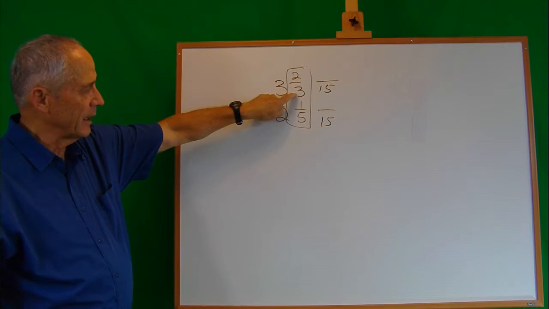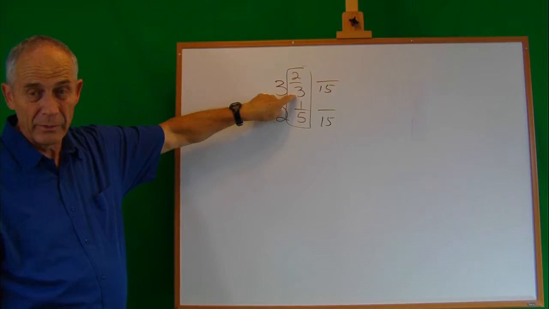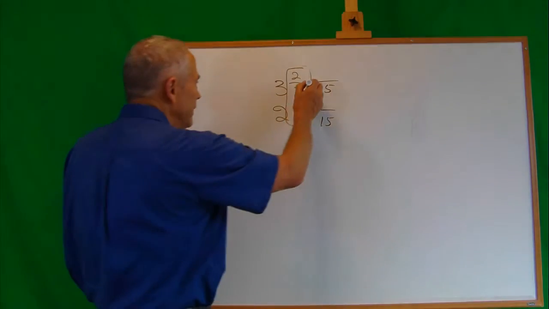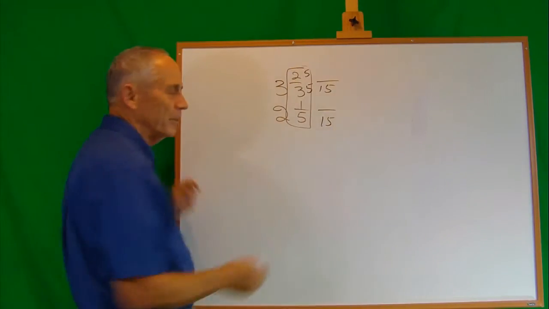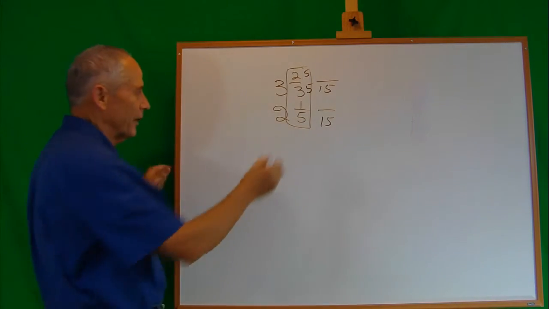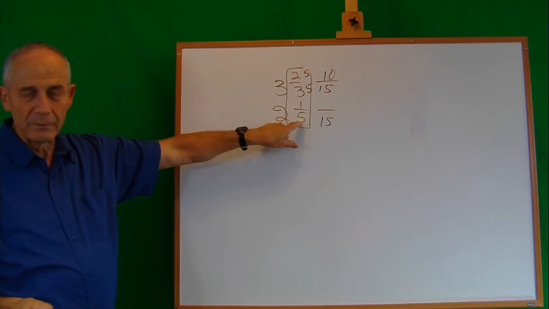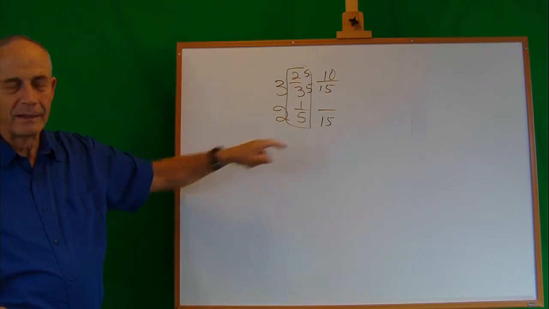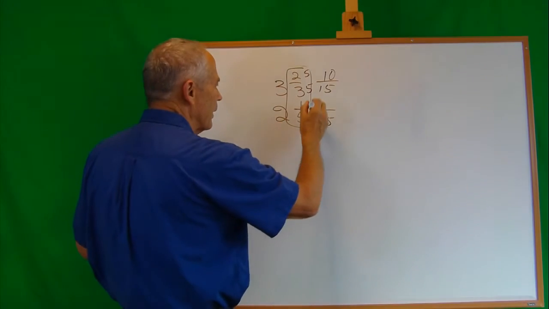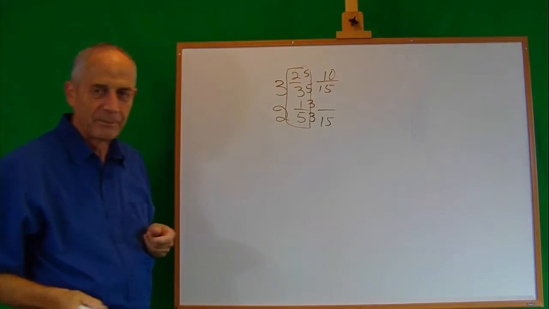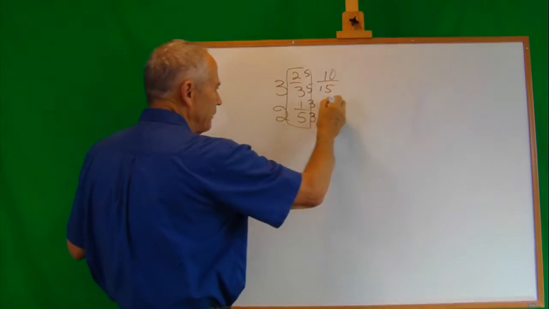Well, you look at this. You have to multiply the 3 by 5 to get 15. But you got to multiply the numerator by the same thing. So there's 10/15. Here, you have to multiply the denominator by 3. So you have to multiply the numerator by 3. So that gives you 3/15.